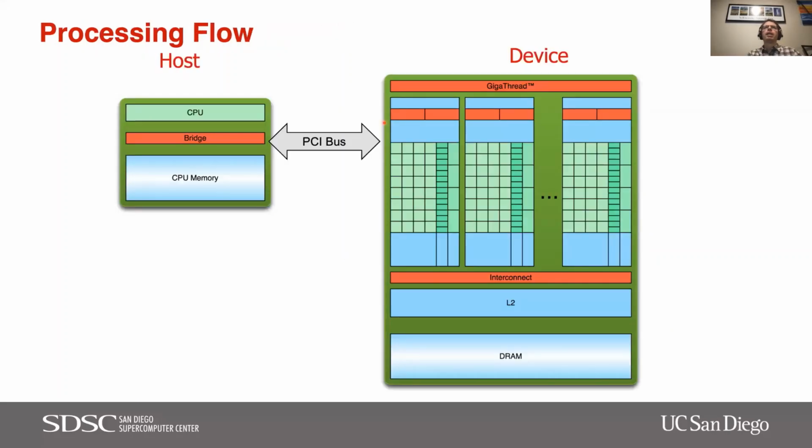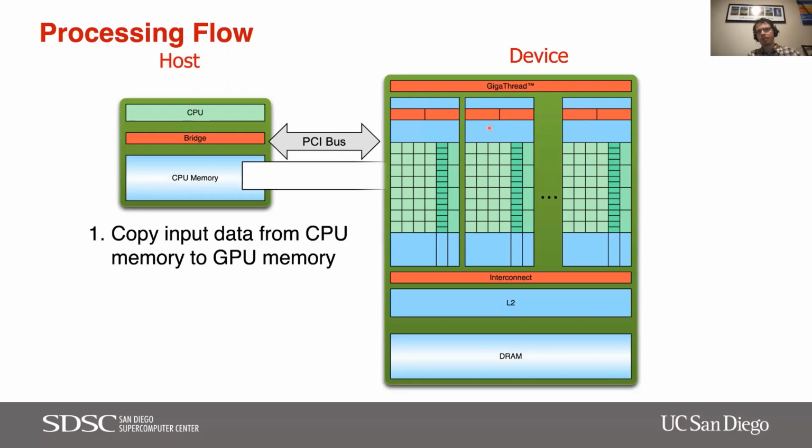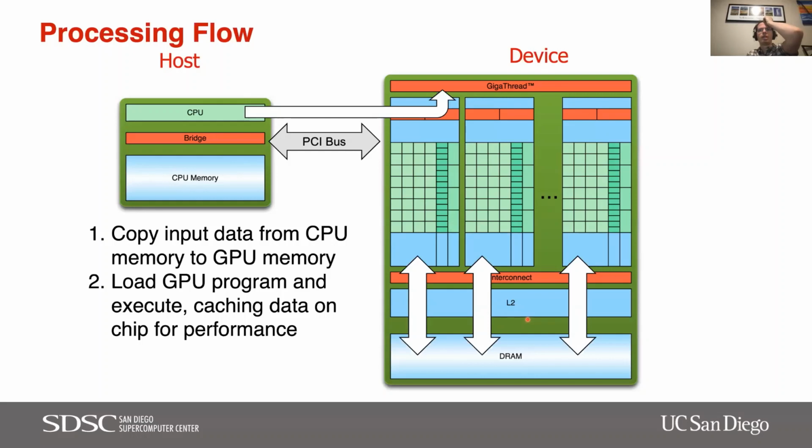So you have your host, the CPU, and its memory sitting on a PCI Express bus connected to the device. You copy your input data from the CPU to the GPU memory. So that's the GPU, which has its own memory. And you see here these multiprocessors. Each multiprocessor has many compute cores, has its own cache memory, and then there's this level 2 cache that caches data and instructions for all the multiprocessors.